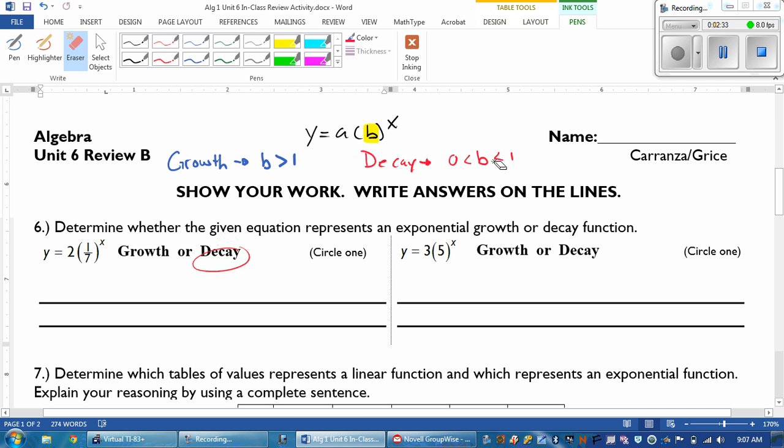Anyways, it's decay. So we have to write a sentence about that. Okay, so why does it represent decay? Well, think about it. What's going on with the base? The base is what? Yeah, the base is between 0 and 1. So I'm going to pause the video and write down what I want you to say.